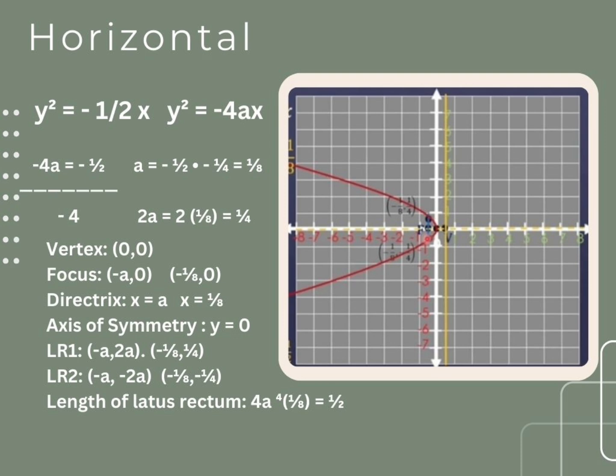For LR1, (negative a, 2a), which is (negative 1/8, 1/4). For LR2, (negative a, negative 2a), which is (negative 1/8, negative 1/4). For the length of the latus rectum, which is 4a, or 4 times 1/8, which is 1/2 units.